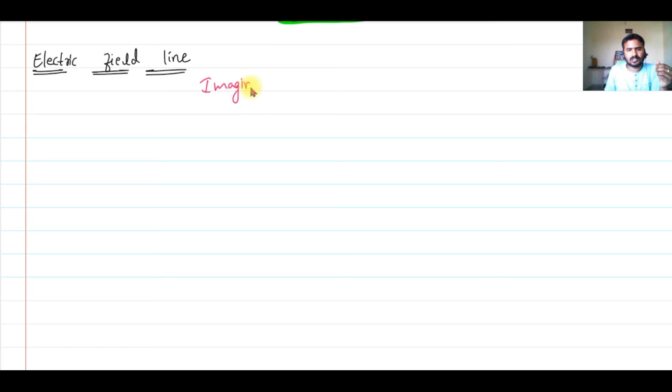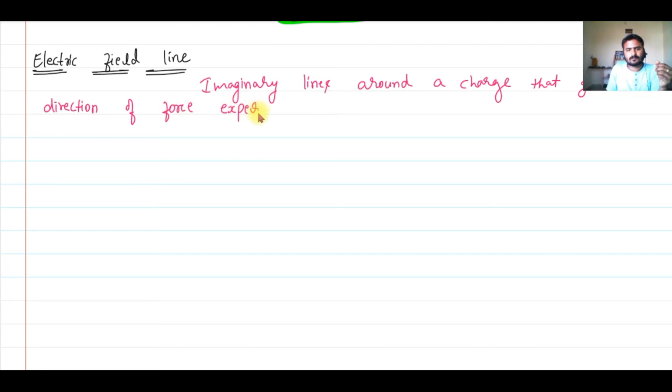Those are nothing but imaginary lines around a charge that give the direction of force experienced by a unit charge.